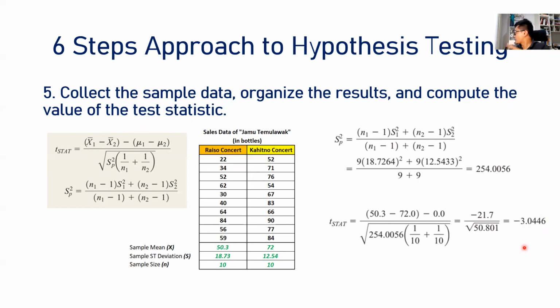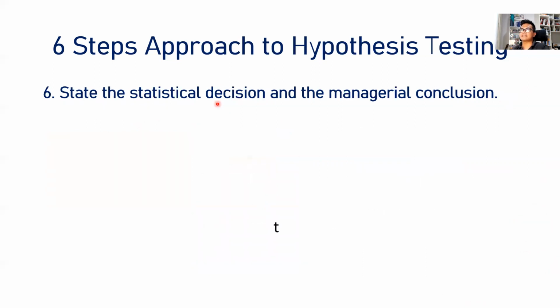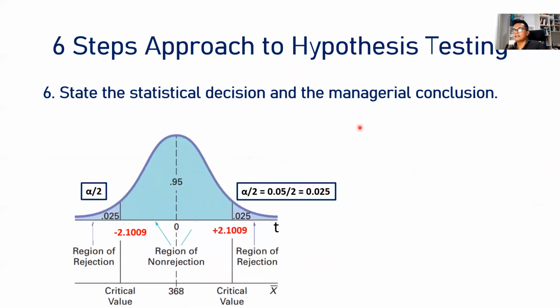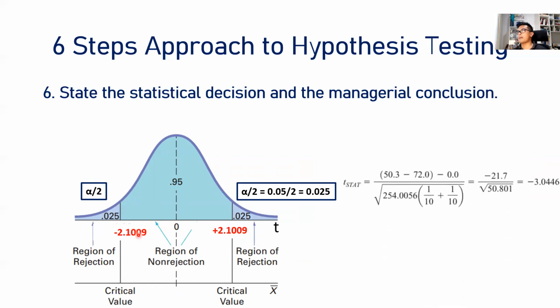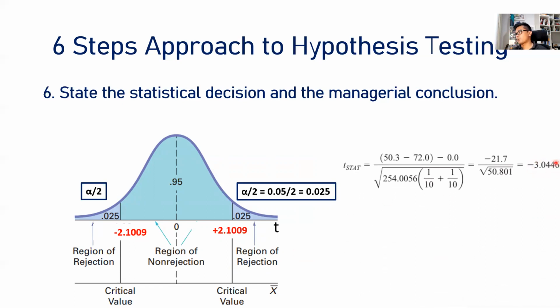Okay, now we will go to the sixth step, the final step. State the statistical decision and the managerial conclusions. At the fourth step, we have determined the critical value of t. The value of t critical is plus 2.1 and minus 2.1. At the fifth step, we have calculated that the test statistic value is equal to minus 3.0446.